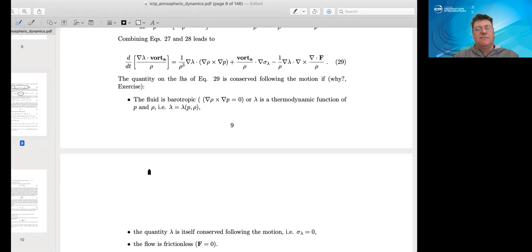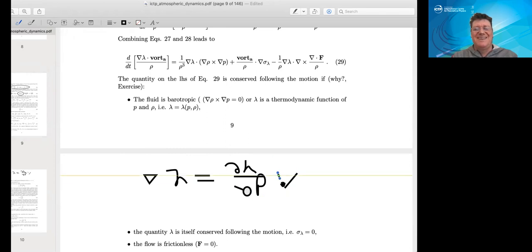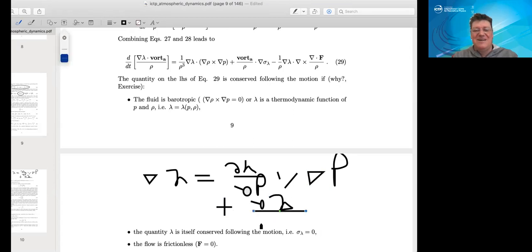Let me try again. The gradient of lambda will be d lambda by dp, gradient p, plus d lambda by d rho, gradient rho.